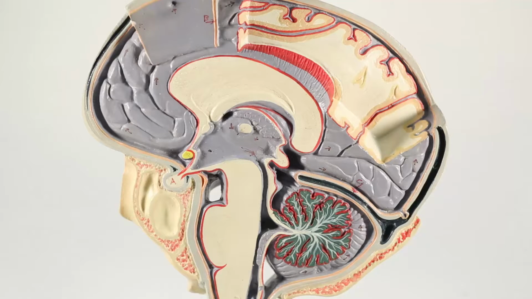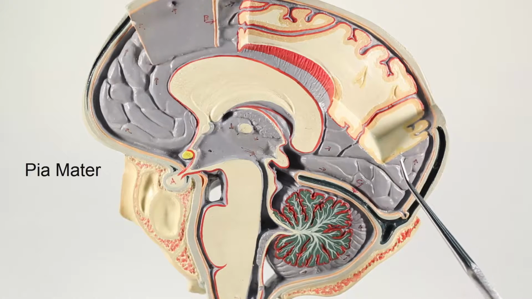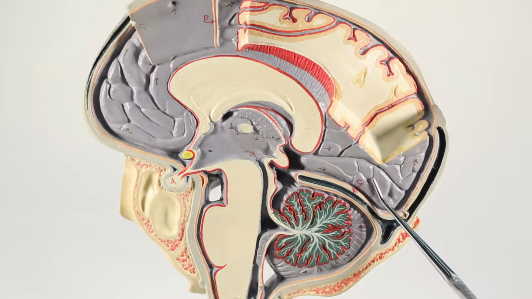But what's nice about this is we can actually see the different meninges. And these meninges play a huge role in cerebral spinal fluid. So if we're looking at the brain right here, you can see how there's a coloration, like a gray color covering it. This is going to be the meninge called the pia mater. It's a very thin, clear coat that is clinging to the brain.